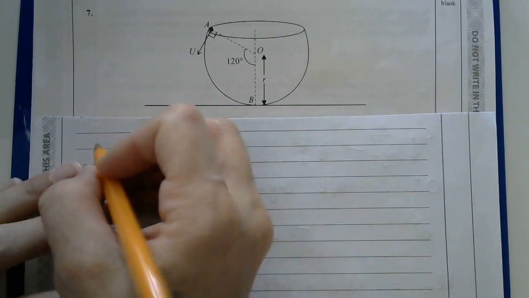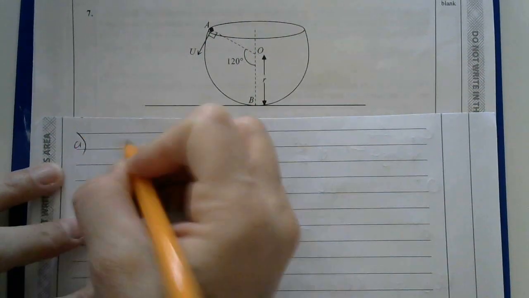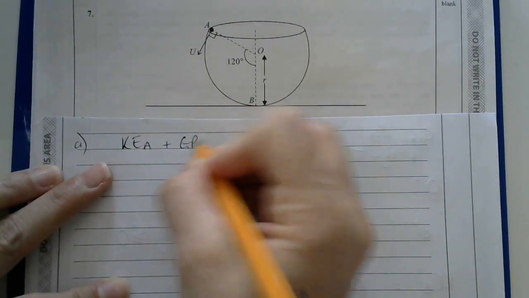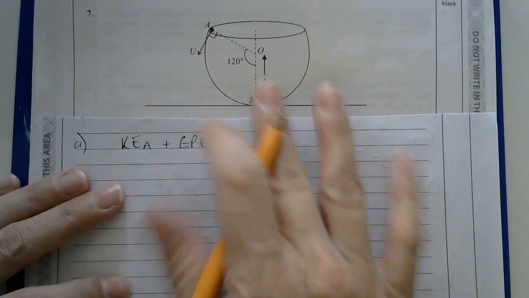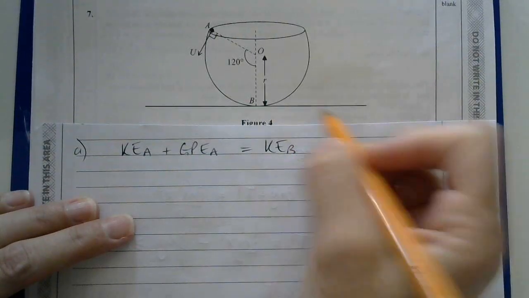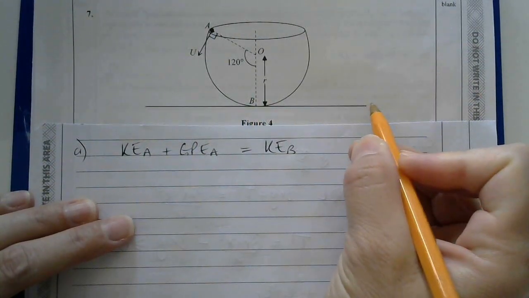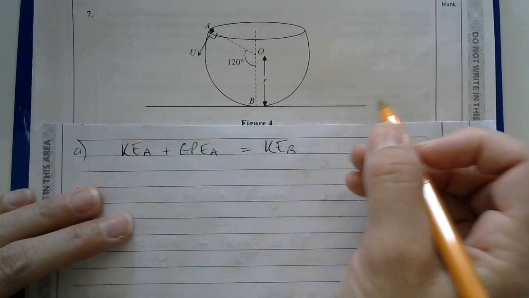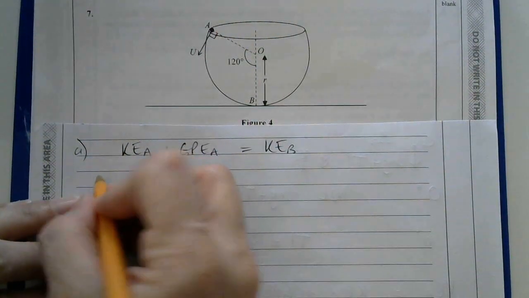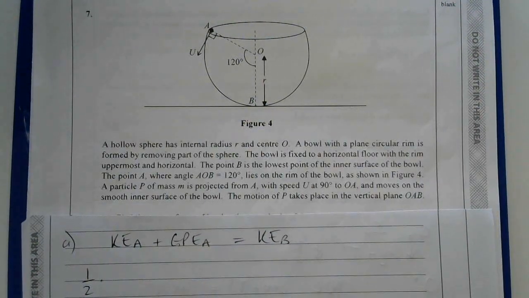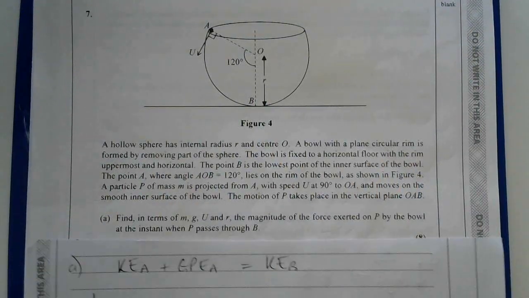Okay, so the very first thing that I'll do is look at energy. So what I'm going to say is that the kinetic energy at A plus the gravitational potential energy at A will equal the kinetic energy at B, and so basically I'm taking this level to be the level where there is no gravitational potential energy. So the kinetic energy at A will be half times the mass, and in the question they did not mention the mass at all.